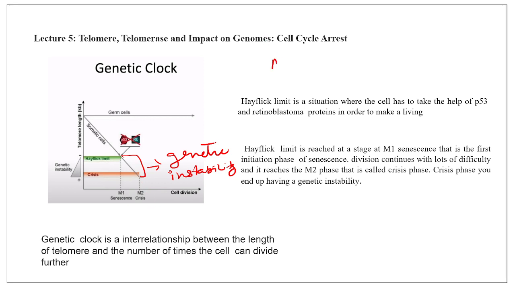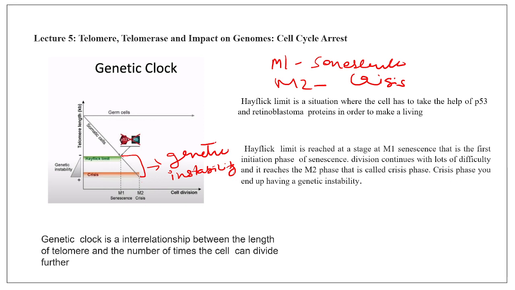So M1 refers to senescence and M2 refers to crisis. The Hayflick limit is reached at M1 senescence, the first initiation phase of senescence. Division continues with lots of difficulty and it reaches M2, which is called the crisis phase.